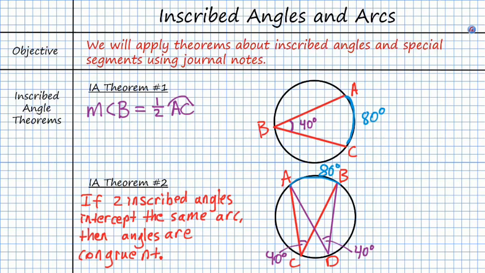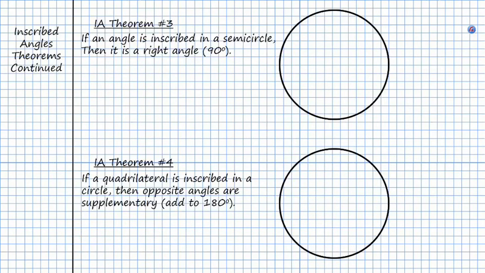All right, and then we have two more inscribed angle theorems that will just deal with our inscribed angles. Theorem 3 says, if an angle is inscribed in a semicircle, then it is a right angle. Let's see what that looks like.